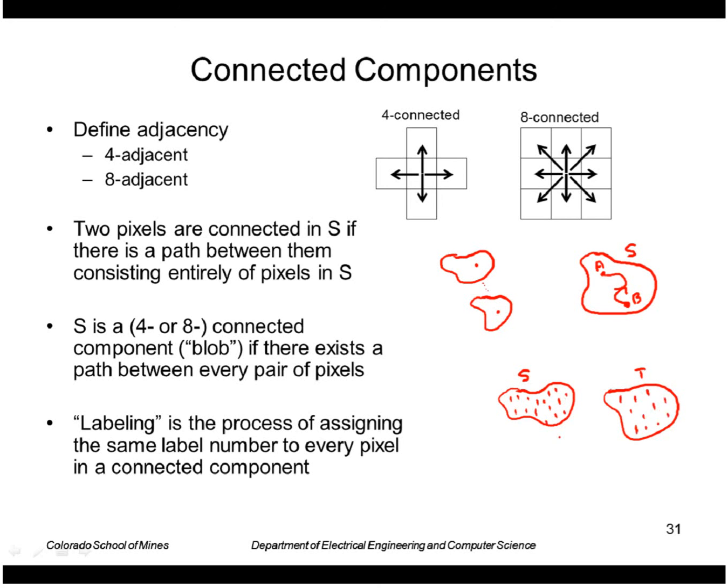So the process of labeling would be to assign the same value, let's say label 2, to every point within S, and then another label, let's say label 3, to every point in this region T.